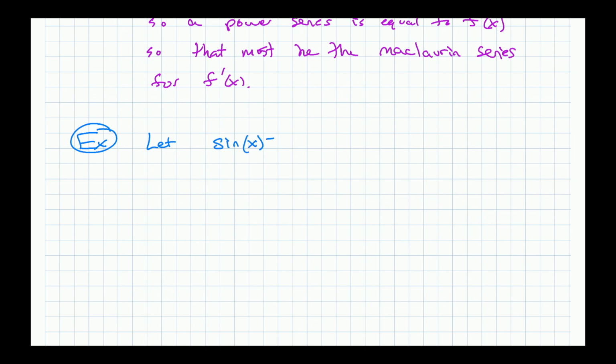Let sine x equal, this is the series for sine x. I'm not going to write out the formula for you. x minus x cubed over 3 factorial, plus x to the 5th over 5 factorial, minus x to the 7th over 7 factorial, plus dot, dot, dot. Right, so that's the series for sine.